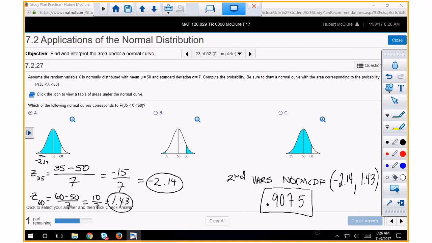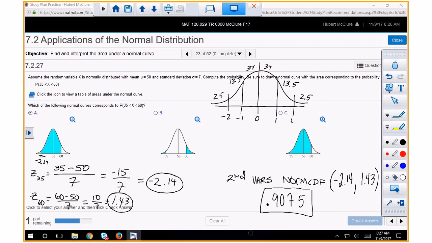Now, of course, you can go back to your empirical rule. And that's 0, 1, 2, -1, -2. And that's 34, 34, 13.5, 2.5, 13.5, and 2.5. And we know that one of them is around -2.14, which is right in here.